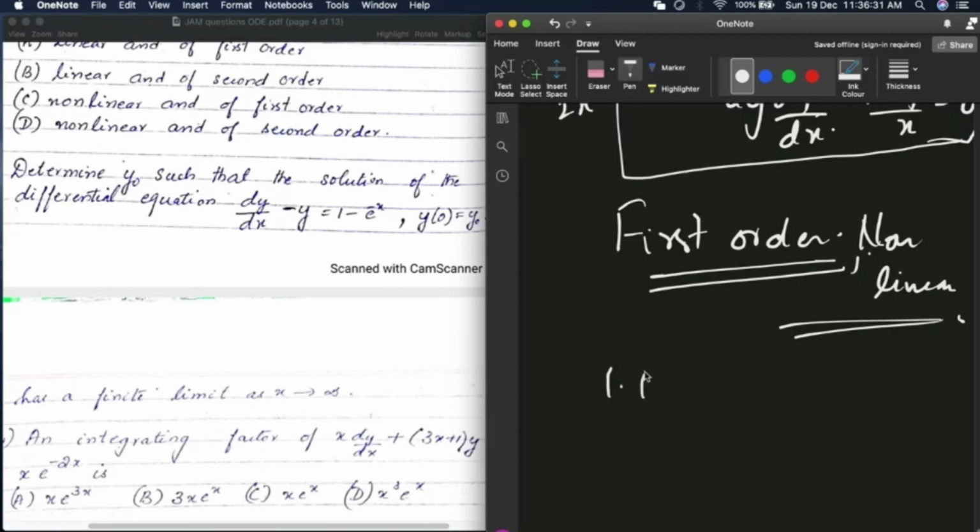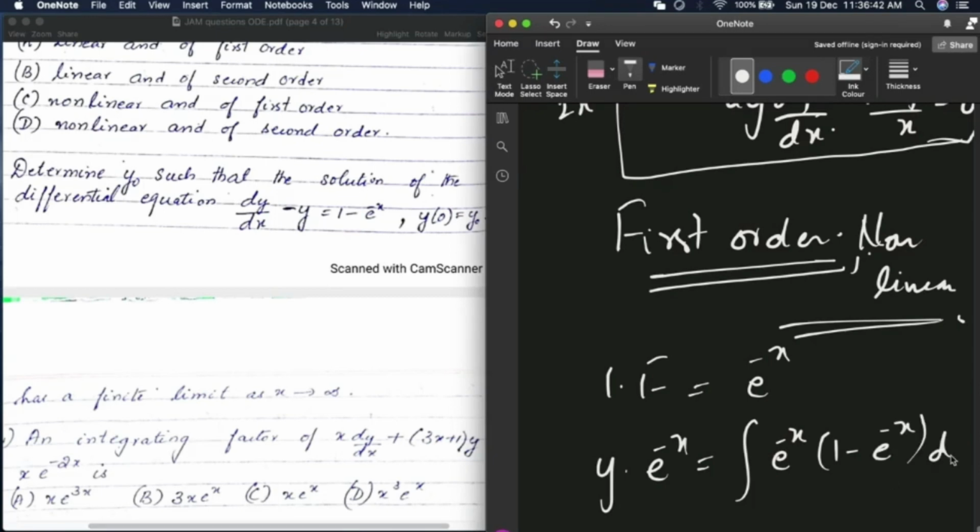So your integrating factor will be e raised to minus x, correct? So it is y into e raised to minus x is equal to integral e raised to minus x into 1 minus e raised to minus x dx plus c is your solution.